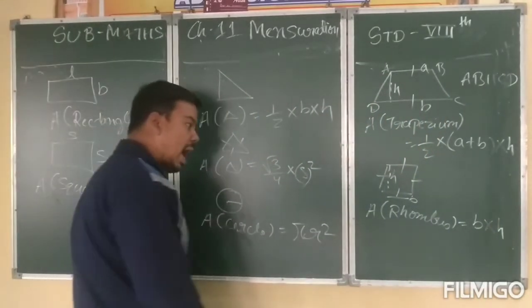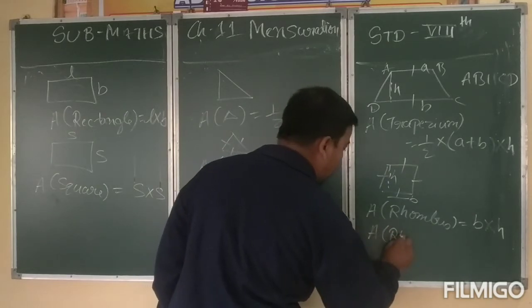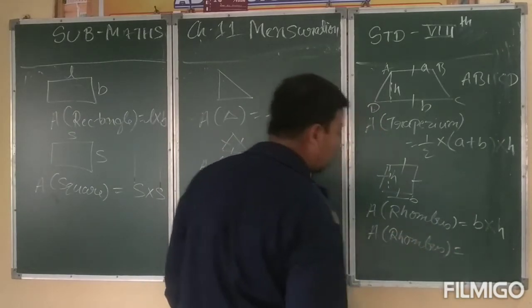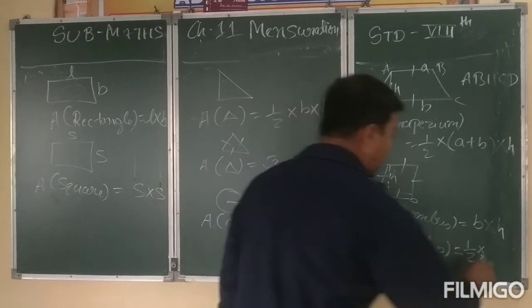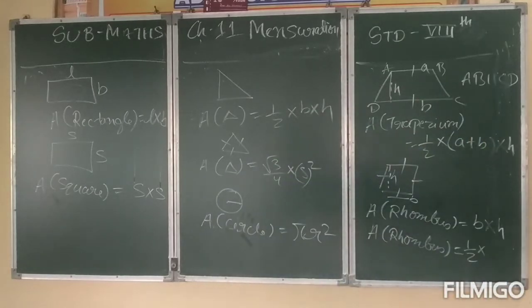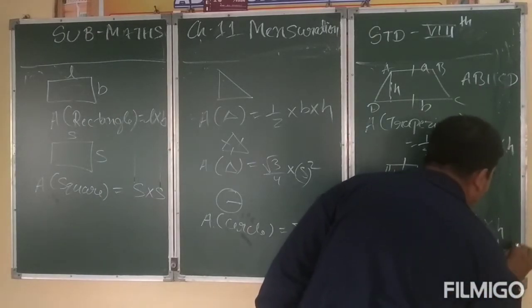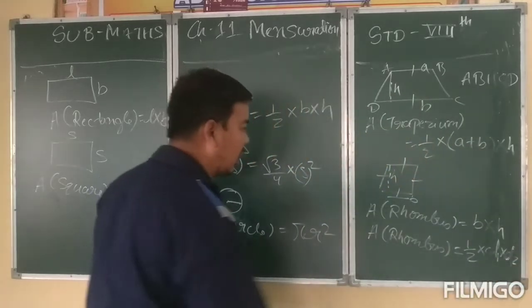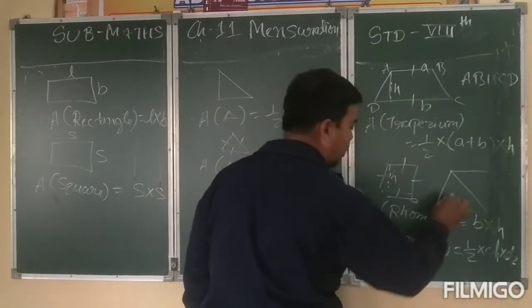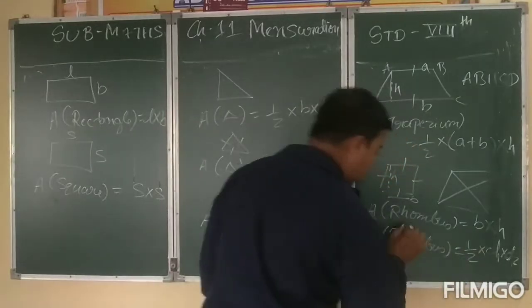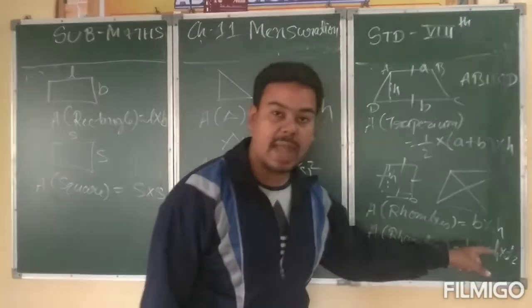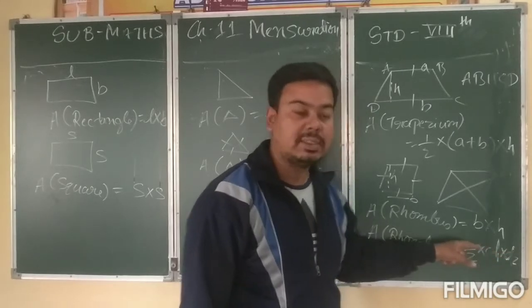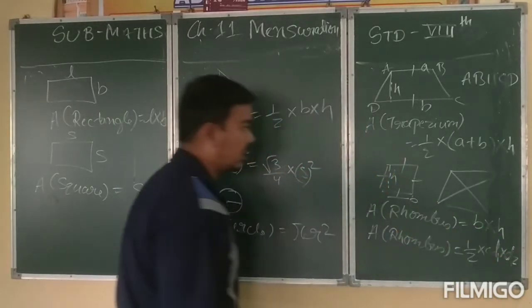The other formula is half into diagonal 1 into diagonal 2, the product of diagonals, since a rhombus has two diagonals.